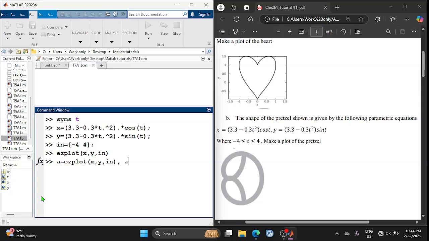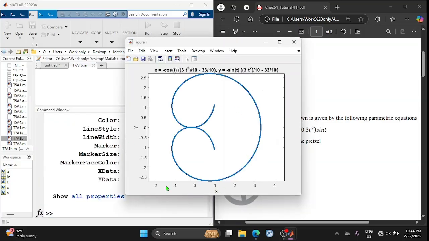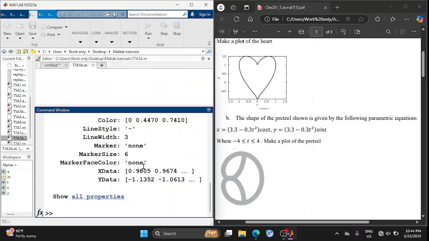Then we type a.LineWidth is equal to, so the number we enter will determine the thickness. If I enter 3, 4, 5, or a larger number, it would make it very thick. So let me just type 3, and then if it runs, I'll get something like this, right? You can do all of this in a script, not in the command window. I'm doing it in the command window because my laptop is messing up a bit, but it's still fine, right?